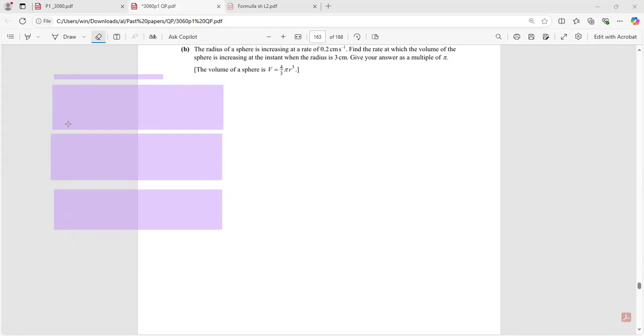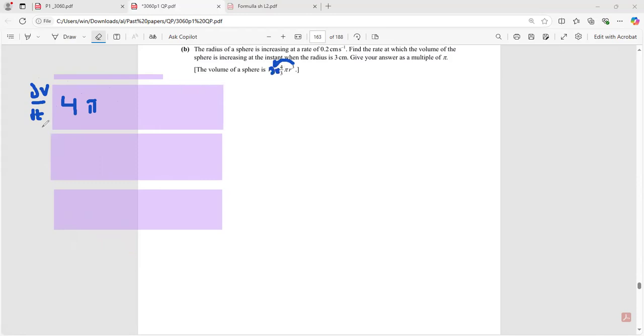So here it is 4 over 3 pi r to the power of 3. So I'm going to put the 3 down, so it is 4 pi. We're going to find dV, the derivative of the volume with respect to the time. So I kick the 3 here, multiplying by 3.